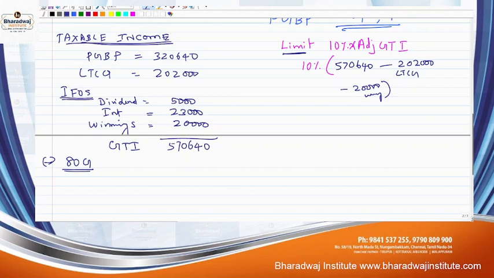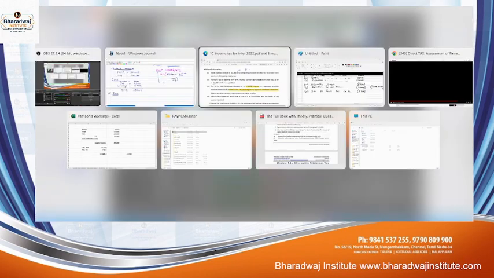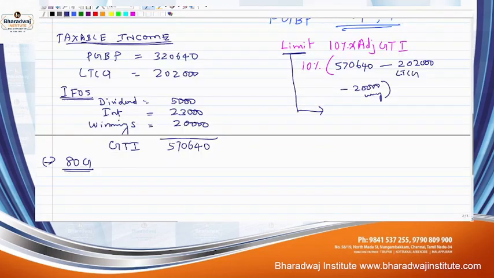So 5,70,640 minus 2,02,000 minus 20,000, apply 10% on that, you will get the limit. How much does it come to? 34,864. This is the limit for donation.